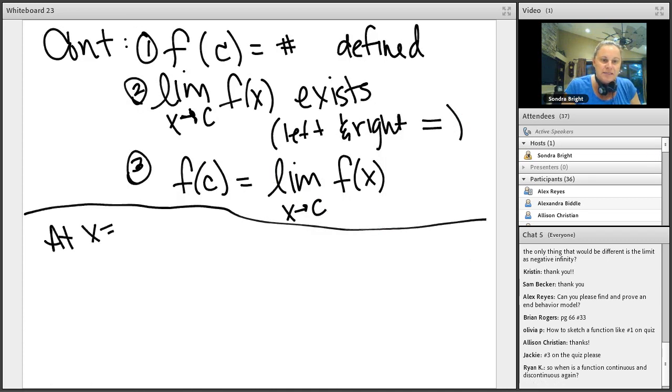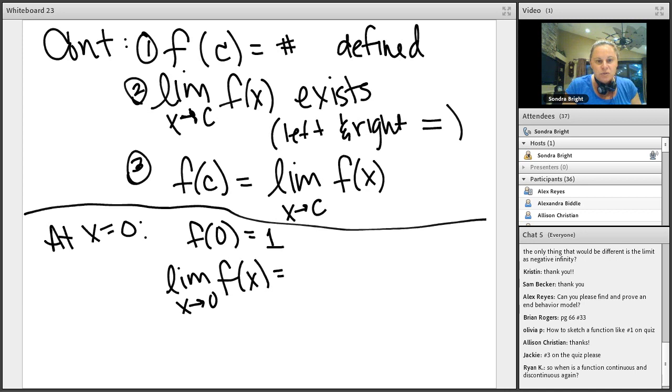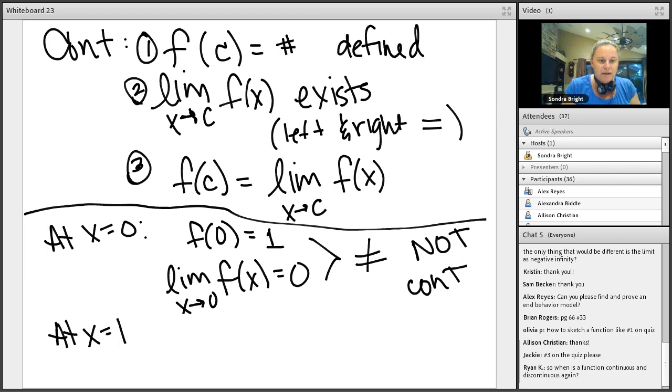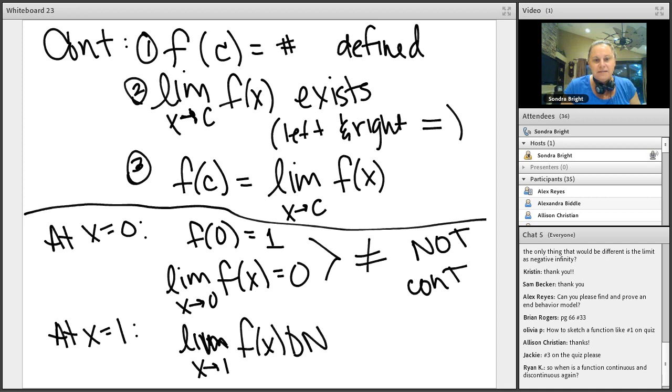So at x equals 0, f of 0 was 1, and the limit as x approached 0 was equal to 0, and since these two are not equal, then we say it's not continuous. And then at x equals 1, the limit as x approached 1 of f of x did not exist, and so that means not continuous.